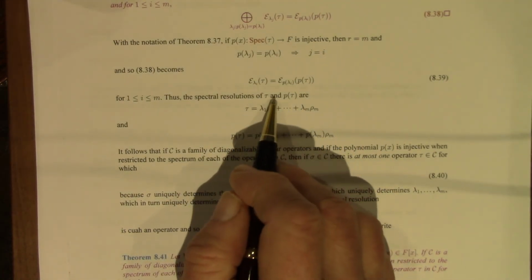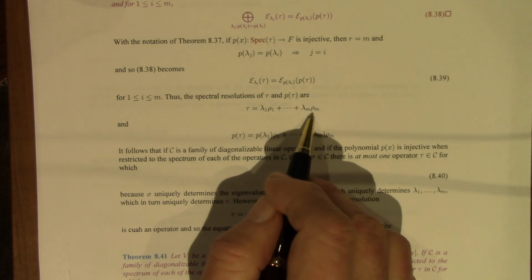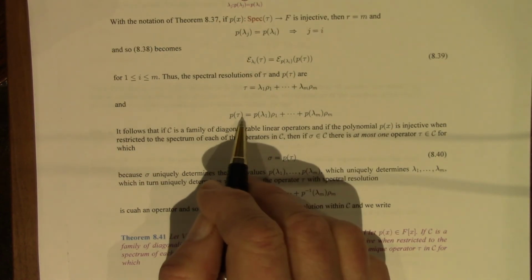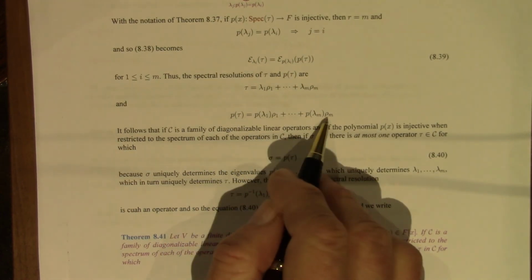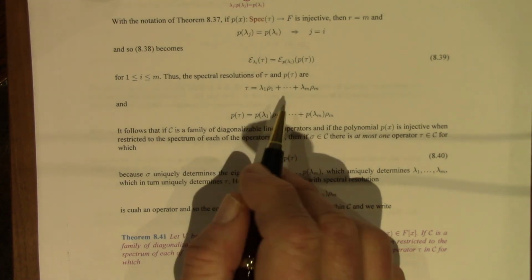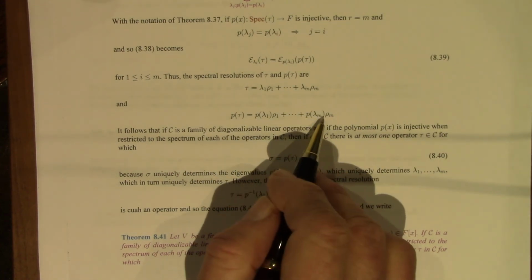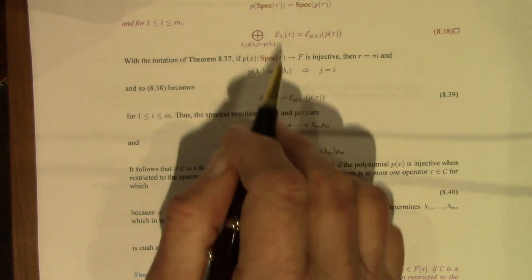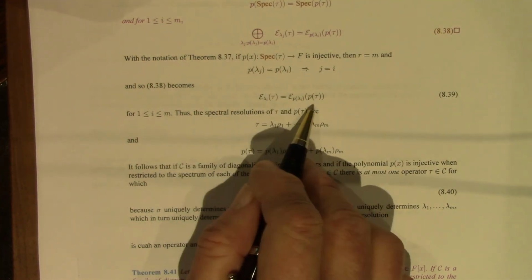So the spectral resolution of tau looks like this, and the spectral resolution of p of tau then looks like this. Notice that the projections are the same because the eigenspaces are the same. Okay, that's the real point here.